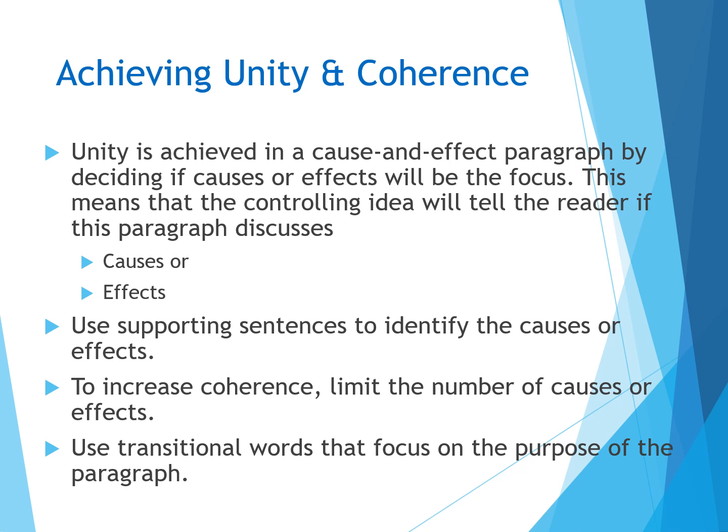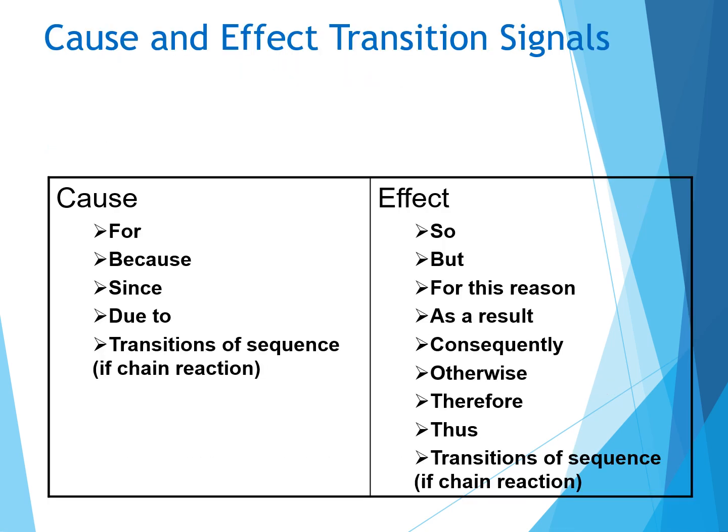So again, once you decide whether you're focusing on causes or effects, you're going to want to use supporting sentences to either list those causes or list those effects. Again, to increase coherence, limit the number of causes or effects that you talk about in a single paragraph. And again, use transitional words that focus on the purpose of the paragraph.